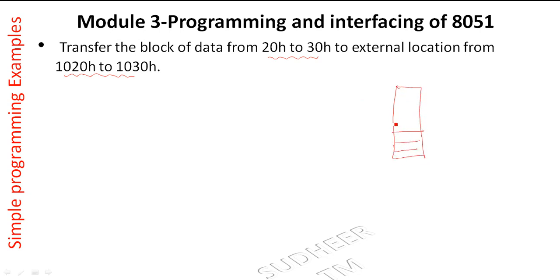Internal memory is from location 20 to 30 and we need to transfer this block to the external memory ranging from 1020 to 1030. So internal 20 is copied to external 1020, internal 21 to external 1021, and so on. So we need to do this transfer.